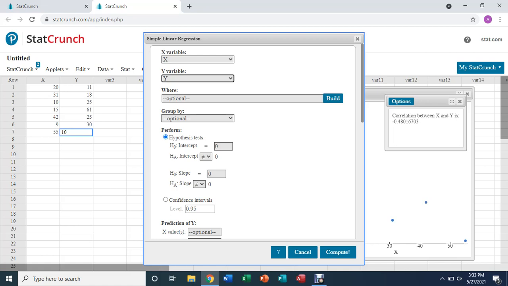So the null hypothesis equal to 0. That means there is no correlation between x and y. And the alternative hypothesis not equal to 0. That means there is some kind of correlation between x and y. So hit compute.